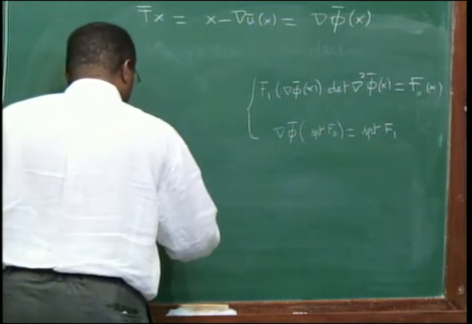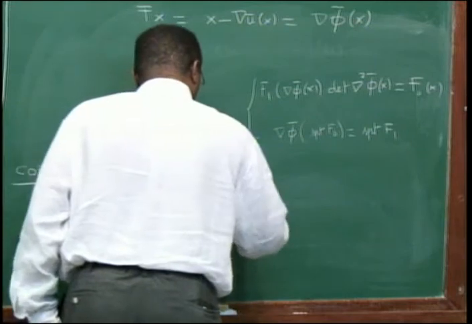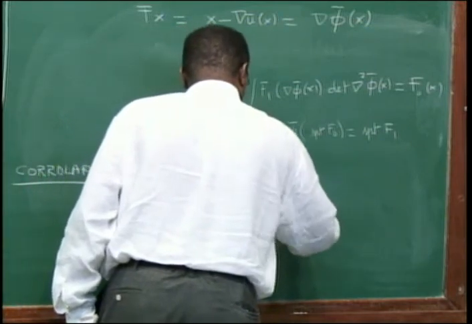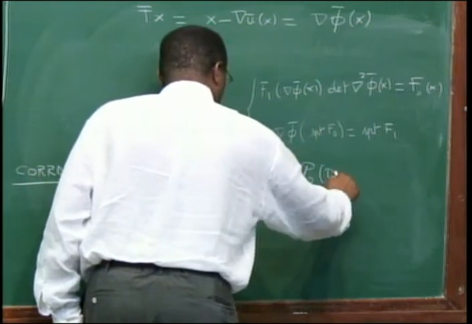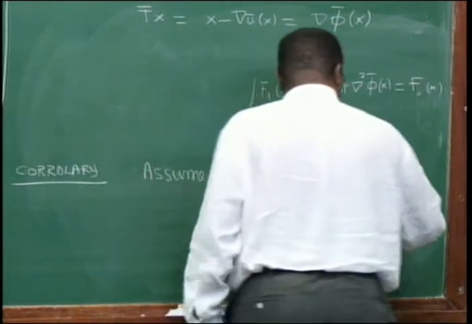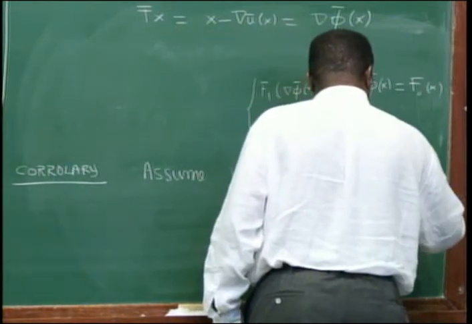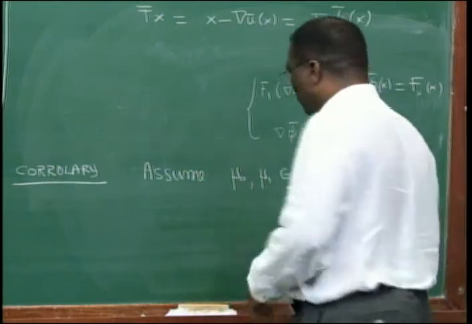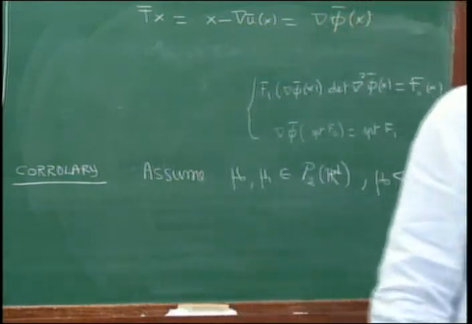Assume mu naught and mu 1 are two probability measures on R^d, and mu naught is absolutely continuous with respect to Lebesgue measure.